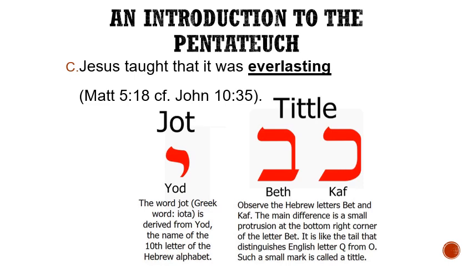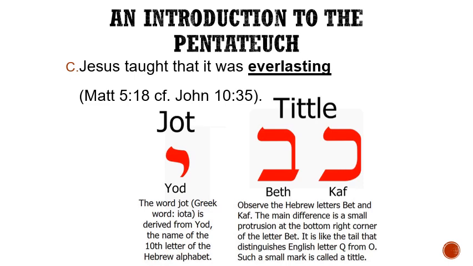That would be the Hebrew letter Yod. And a tittle is a distinguishing projection between 2 Hebrew letters. On your screen, it would be the difference between the Hebrew letter Bet and the Hebrew letter Kaf. Not much of a difference, extremely minor, but that is the point Jesus was trying to make.